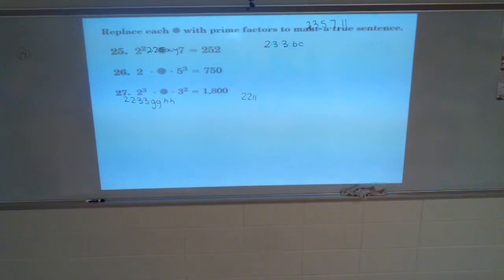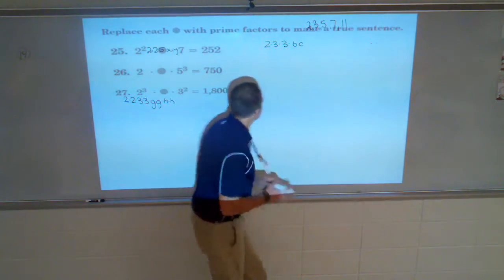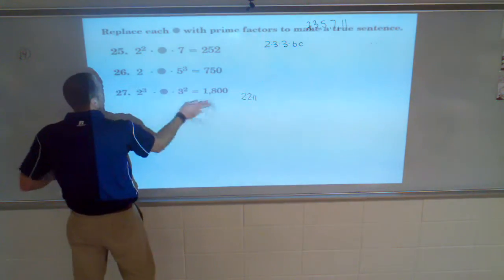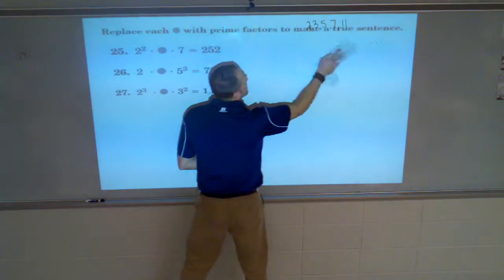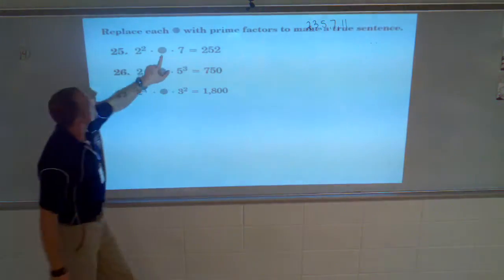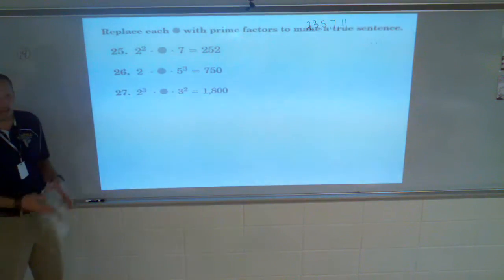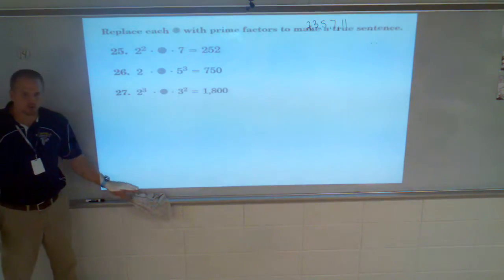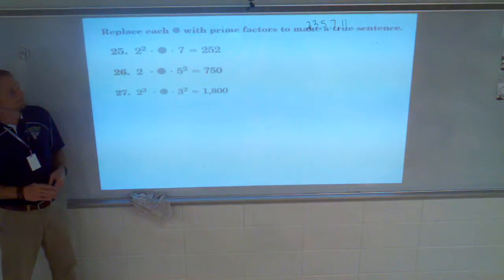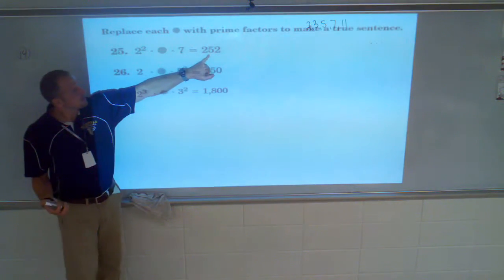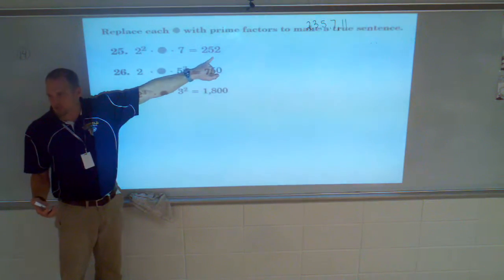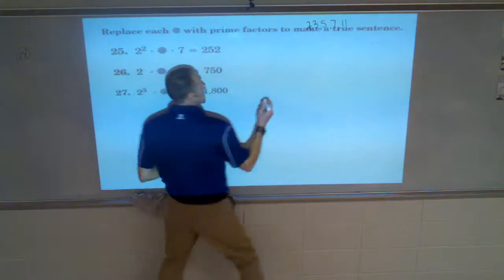Last thing that I want to show you today. I need to fill in each dot so that this becomes a true sentence. Watch how I'm going to do this. Let's find the prime factorization of 252.